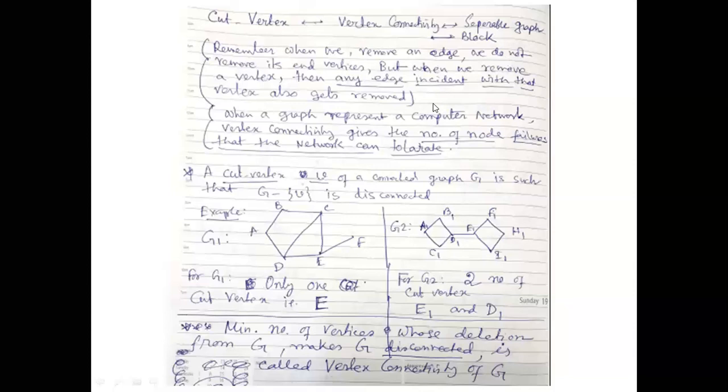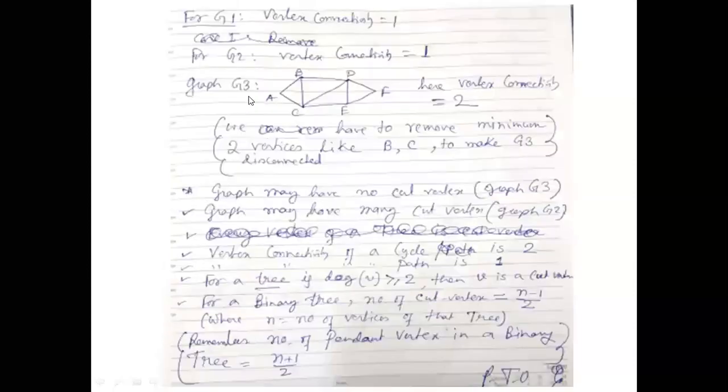Let us go for an example. For the graph G3, we have to remove a minimum of two vertices, like B and C. A minimum of two vertices is required to make this graph disconnected.